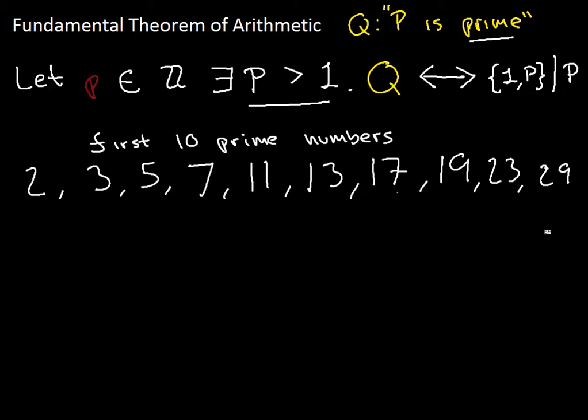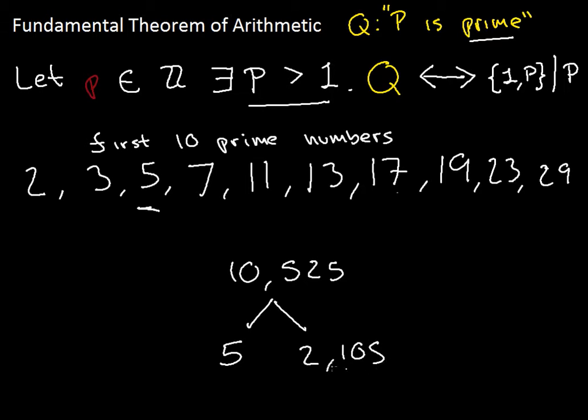But anyways, if we wanted to analyze a large number, let's say 10,525. Okay, we know that this can be divided by 5, and 5 is a prime number, so we divide by 5. And now we see that this becomes 2,105.